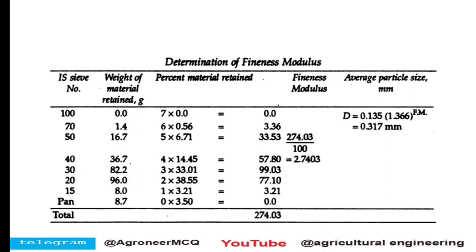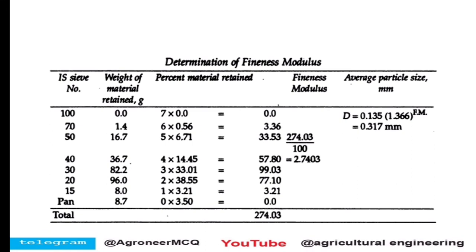Then we have to find the weight of material retained over each sieve, which is given in gram. After that, for percent material retained, we use a factor. For the pan we use 0, and we go in increasing order from bottom to top.